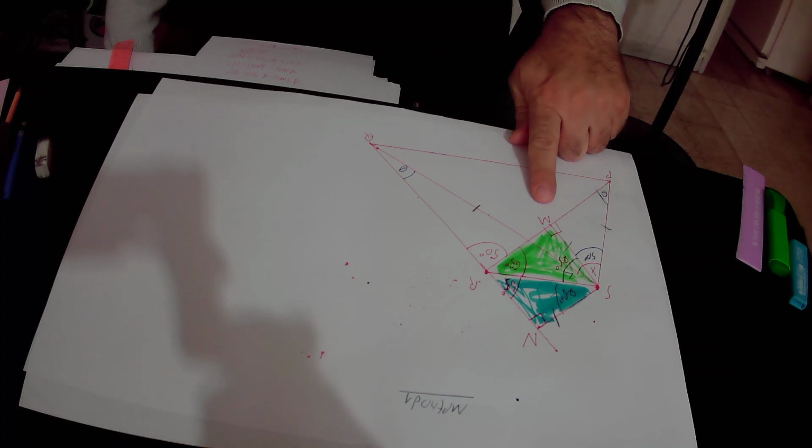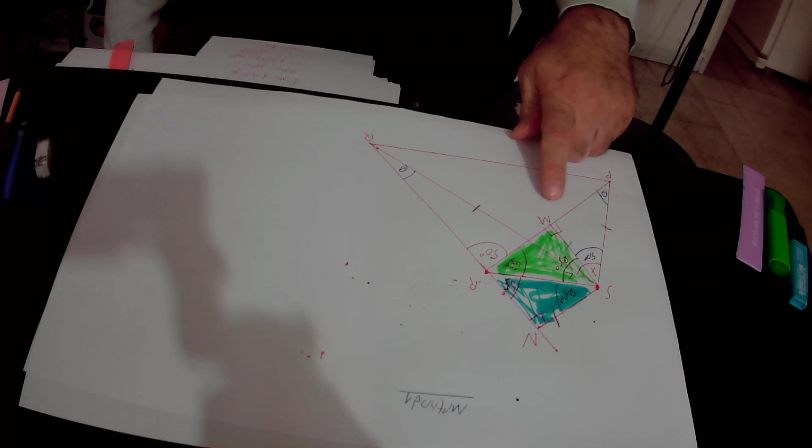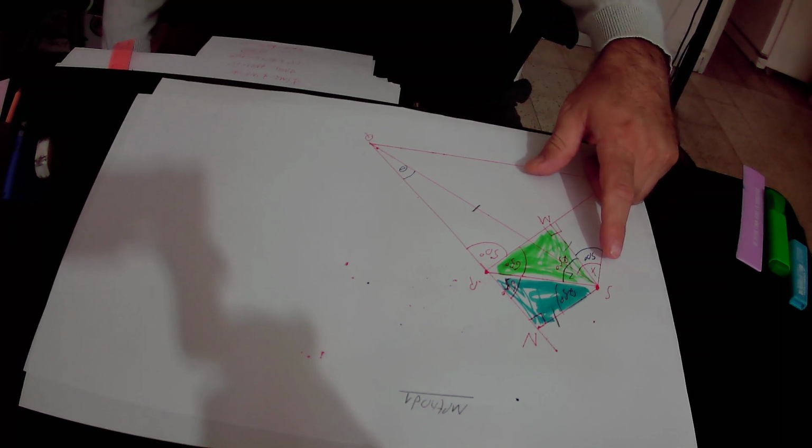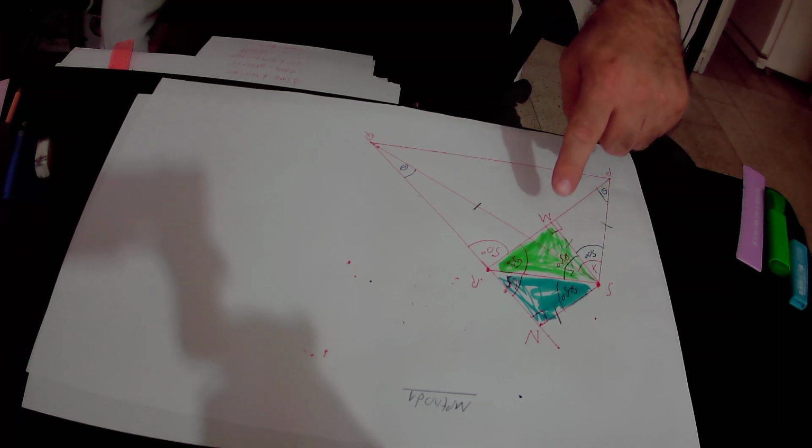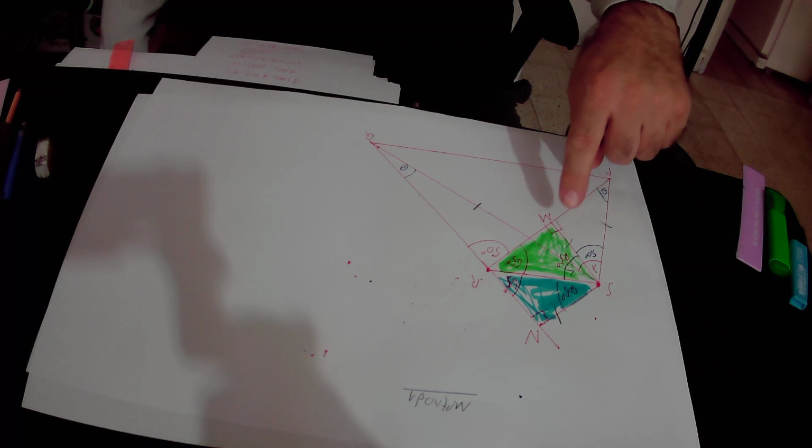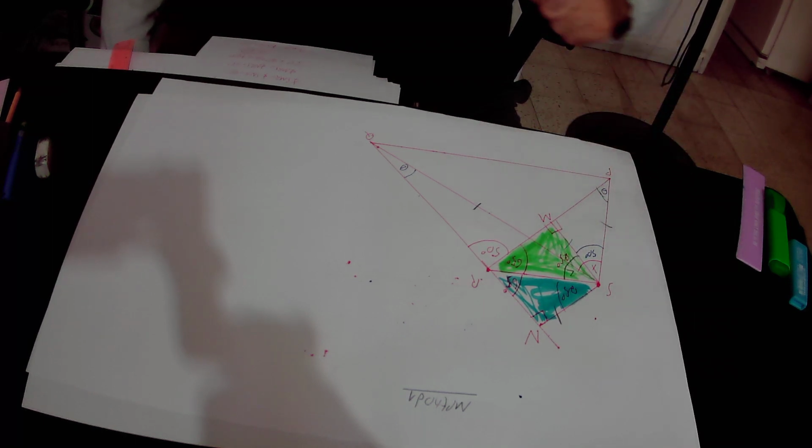At point M, SM creates 90 degrees with PR. So this angle is 90 degrees and this angle is also 90 degrees.